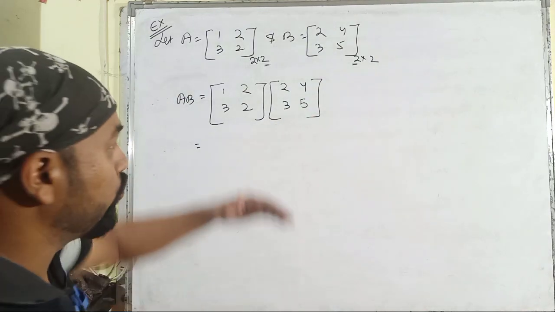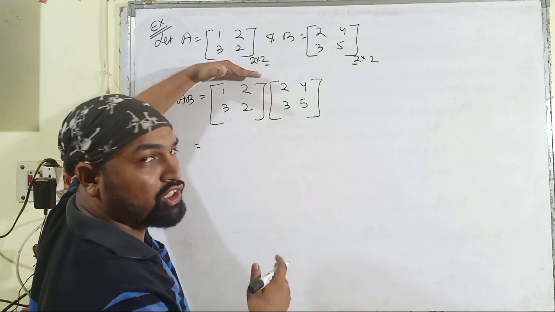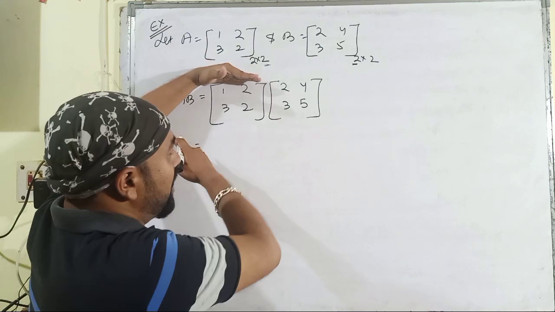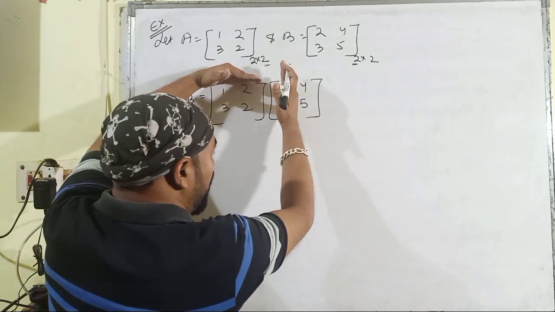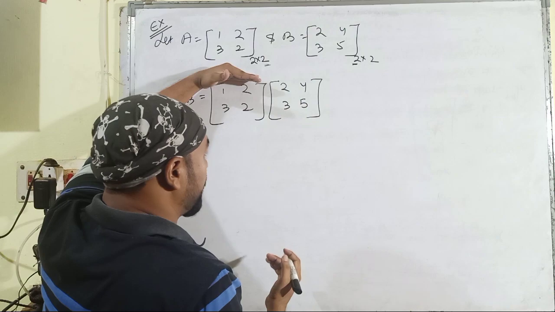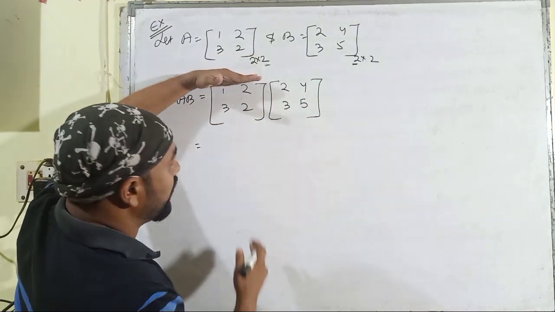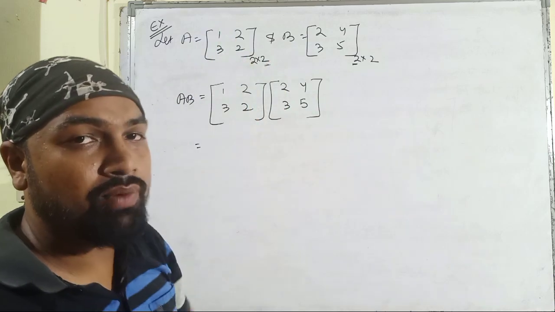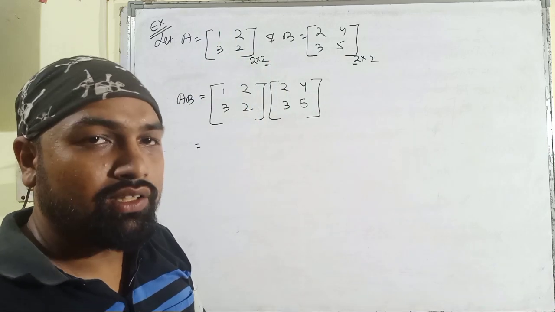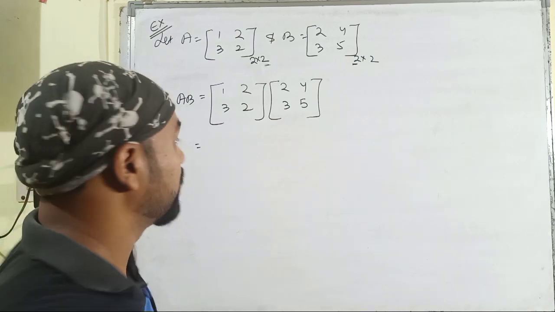Again we have to go through the same procedure. Your left hand must be along the direction of rows from left to right, and your right hand must be placed along the column from top to bottom. That means the elements 1, 2 are multiplied with 2, 3, with the corresponding elements multiplied, and then we add the multiplications.